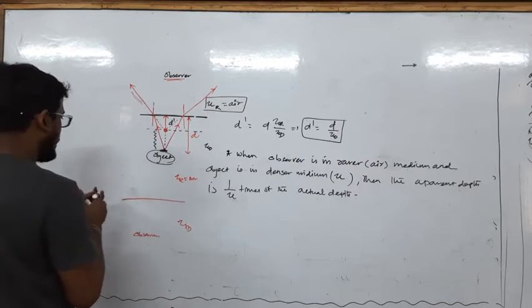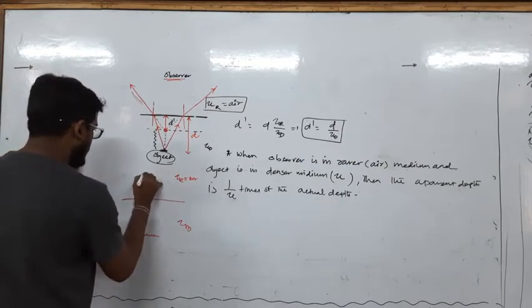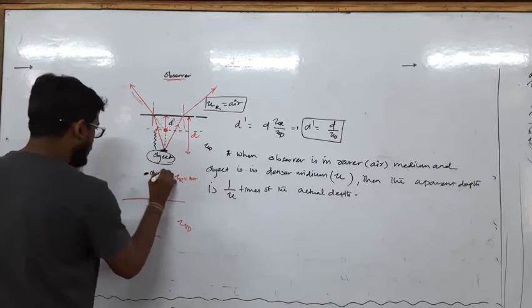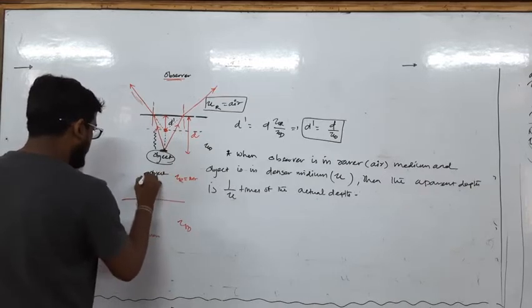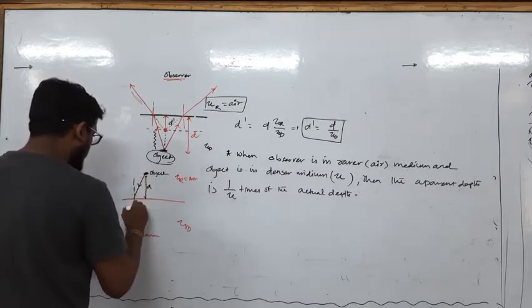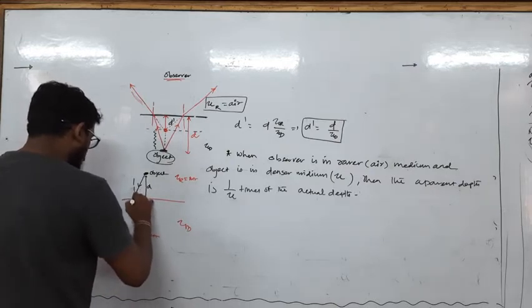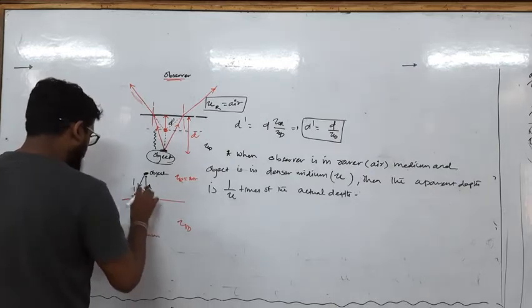So now what will happen? The object is here, at a height d. Light rays come like this, and after refraction they bend towards the normal and go like this.